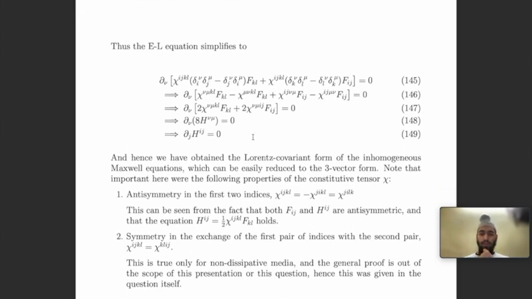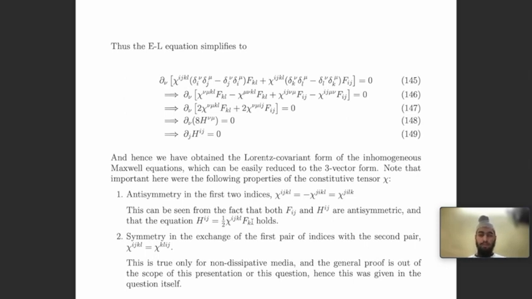This antisymmetry has not been given in the question, but it should be straightforward from the fact that H and F are both antisymmetric tensors. Hence, for the definition of H to hold, you really need chi to be antisymmetric in the first two and the last two indices.